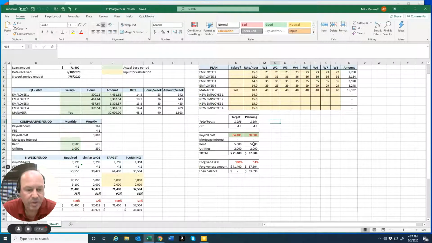That's a monthly number times 2.5. That is more than 8 weeks. It's slightly more than 8 weeks. So now we're taking a number that's higher than 8 weeks and then multiplying it by 2.5. And then we have to say that gross number, 75% must be paid in wages.